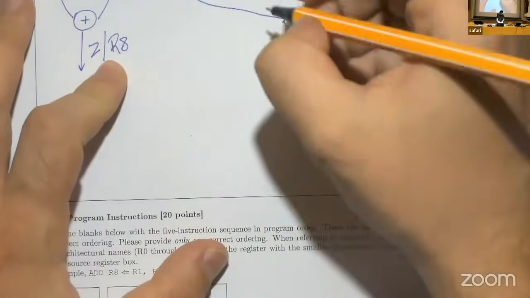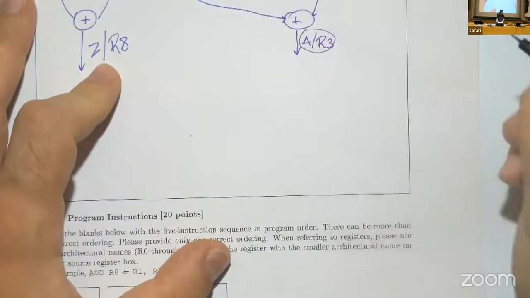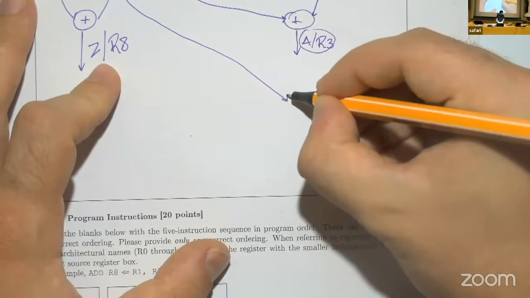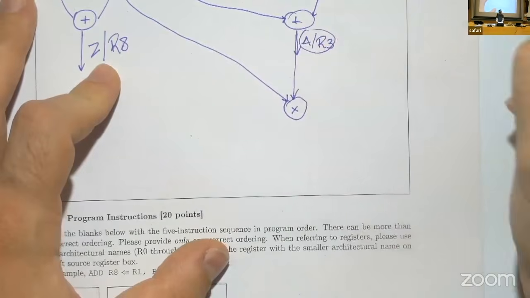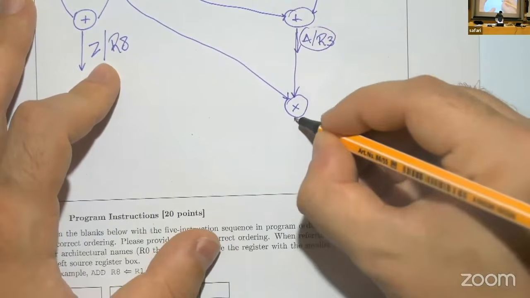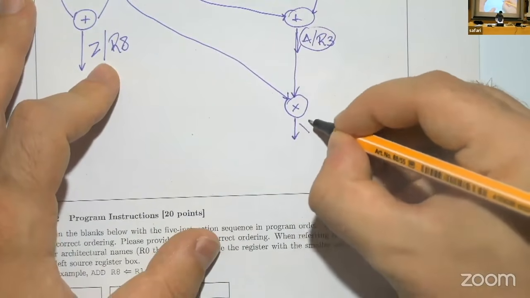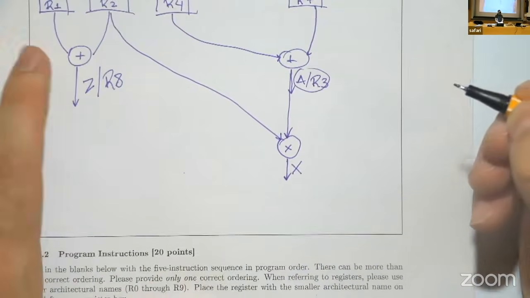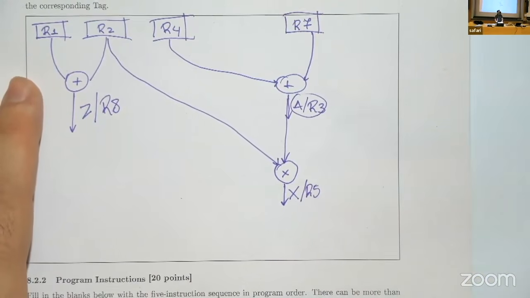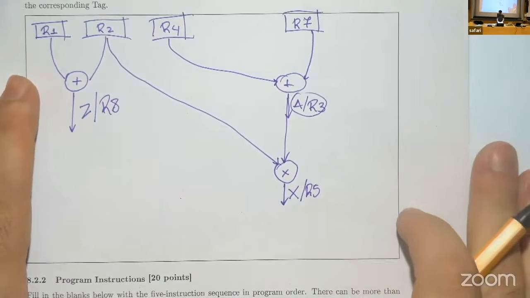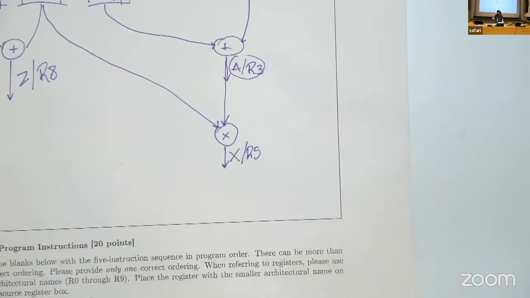So this is done before everything, right? And we take R2, multiply it with R3. And as a result, what do we have? Tag X, which is the tag of R5, and the destination register, which is R5. Is that clear? Okay. Then you go and check the next ones.